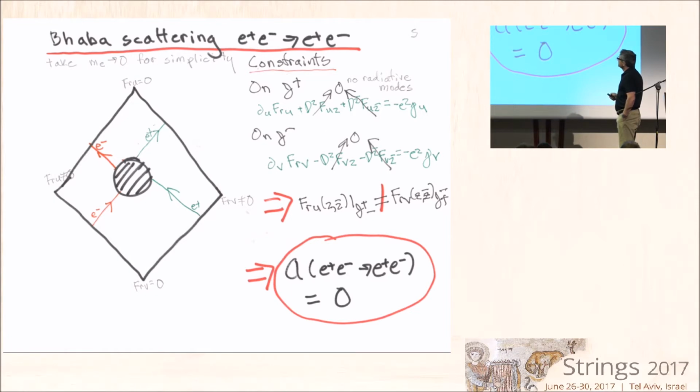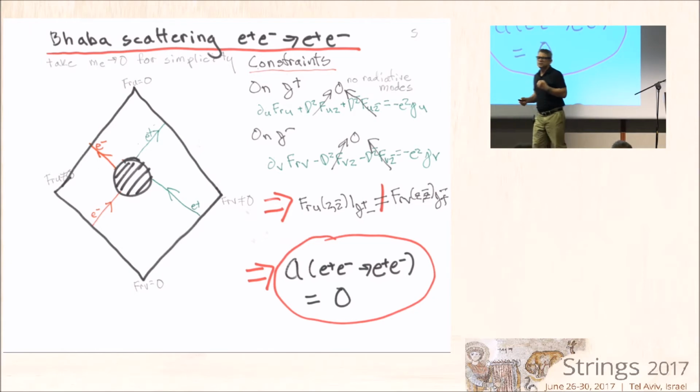But unless it's completely forward scattering, if there's any non-trivial scattering, the Coulomb field that you get here from solving this constraint equation will not antipodally equal the one that you get at the bottom. So this antipodal matching condition will be violated.